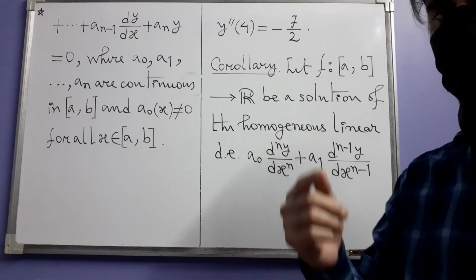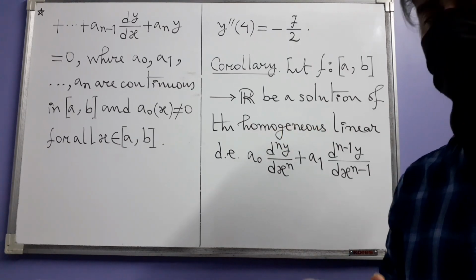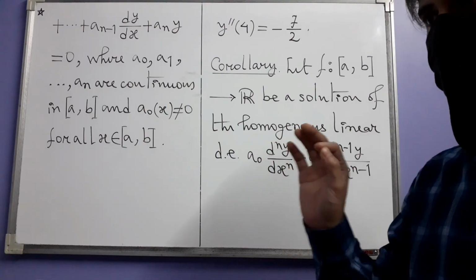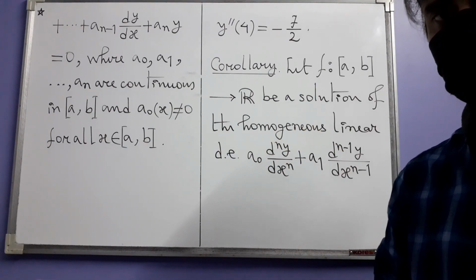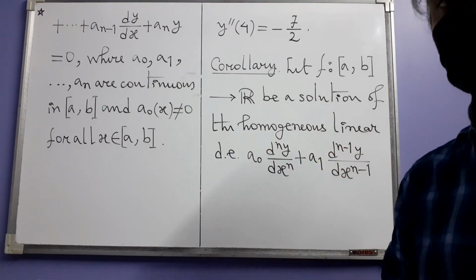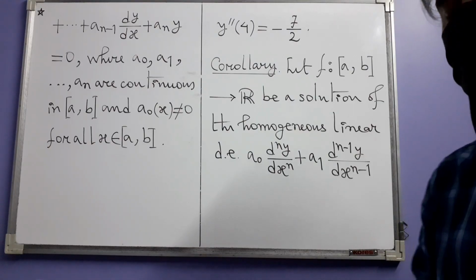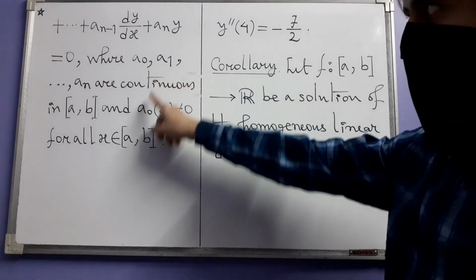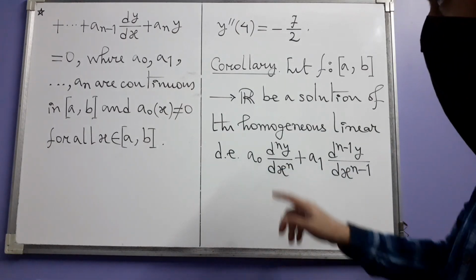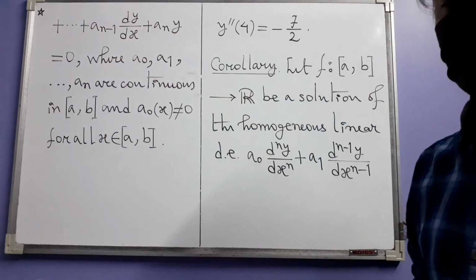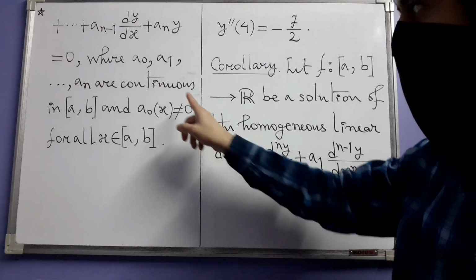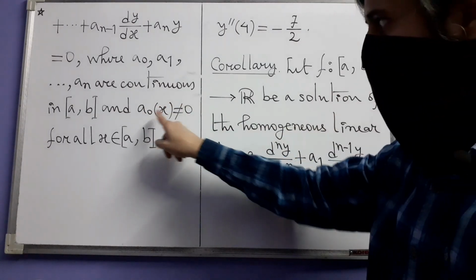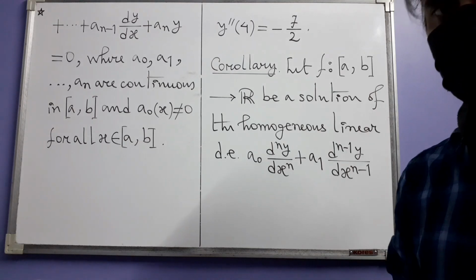That right hand side function capital F is usually called the non-homogeneous term. When that is identically 0, then we say that the equation is homogeneous. And of course, the other conditions are also there. These AIs are all continuous inside this closed interval, and A0 never vanishes inside the interval.